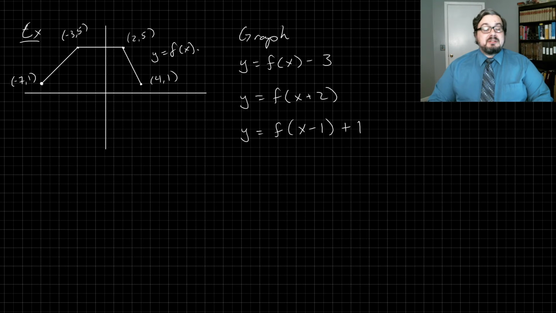So these are three separate questions, and for each one of them, we want to start by translating the points and then connecting up the new points that we've created.